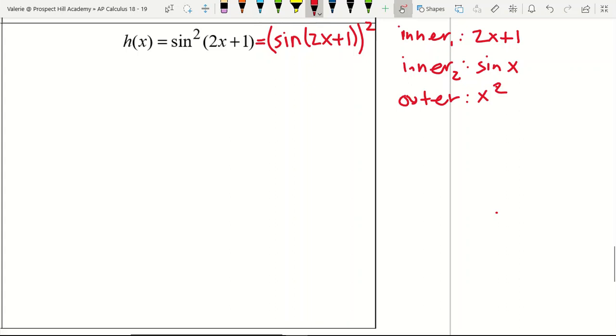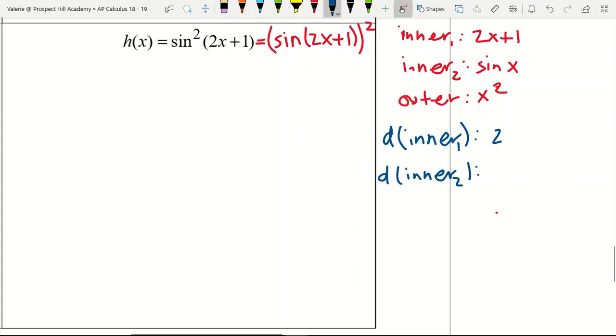Right, so the derivative of our first inner function is just 2. The derivative of our second inner function is our first taste of chain rule, right?